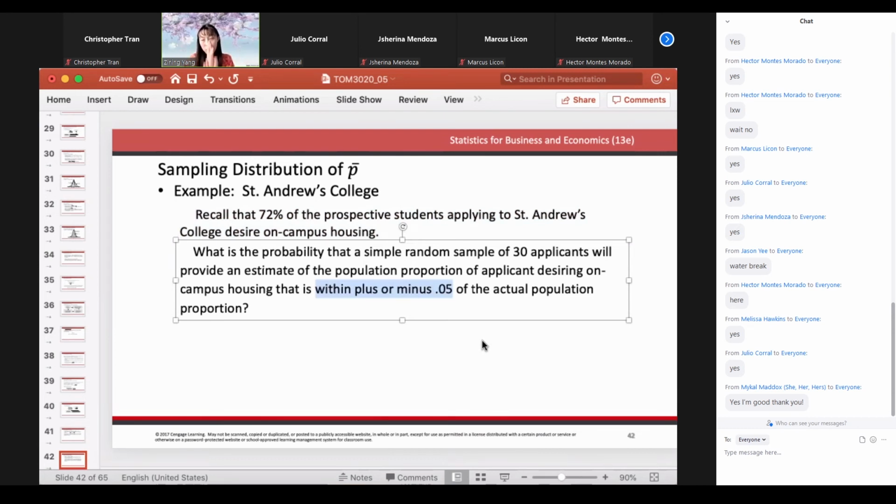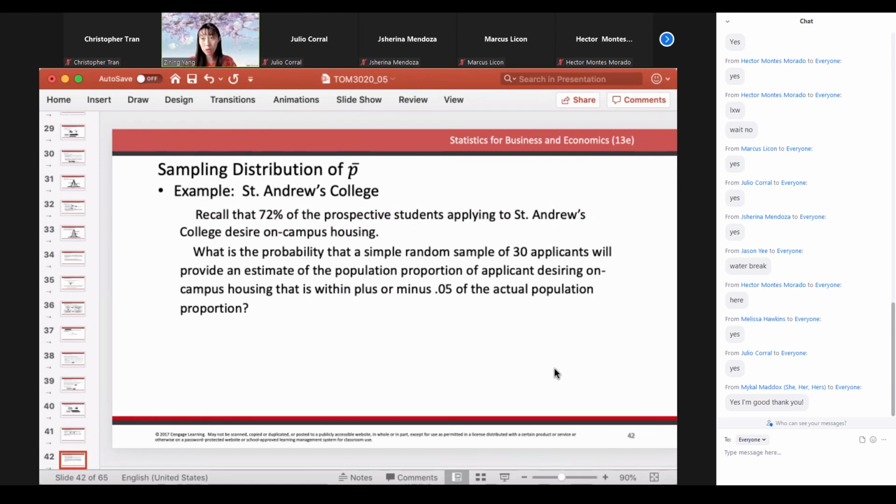So think about how large that interval is. We start at 0.72. Plus 0.05 gets us to 0.77, and minus 0.05 gets us to 0.67.